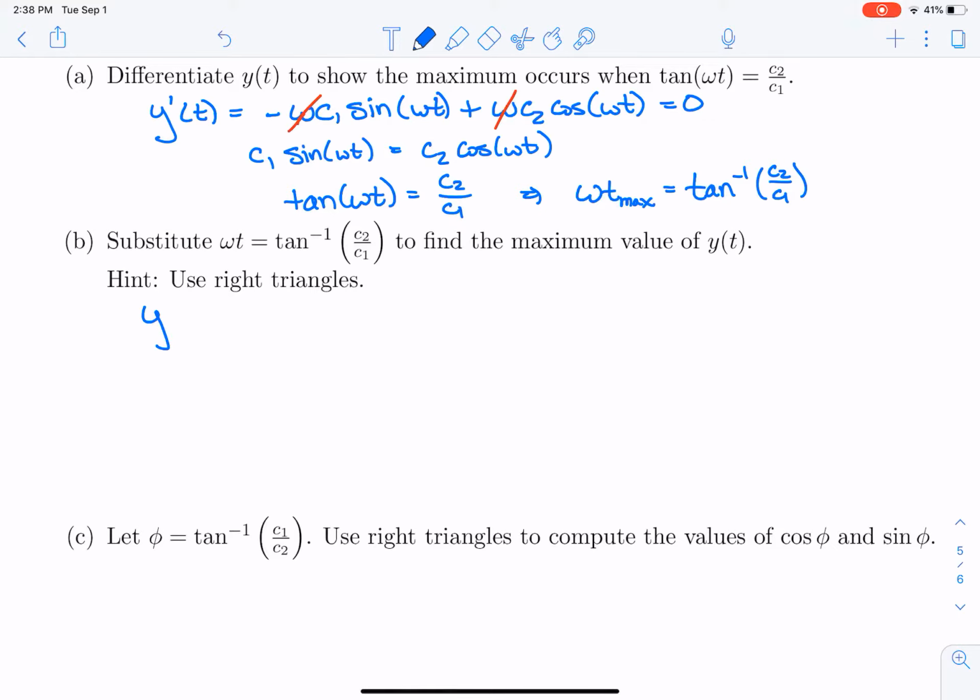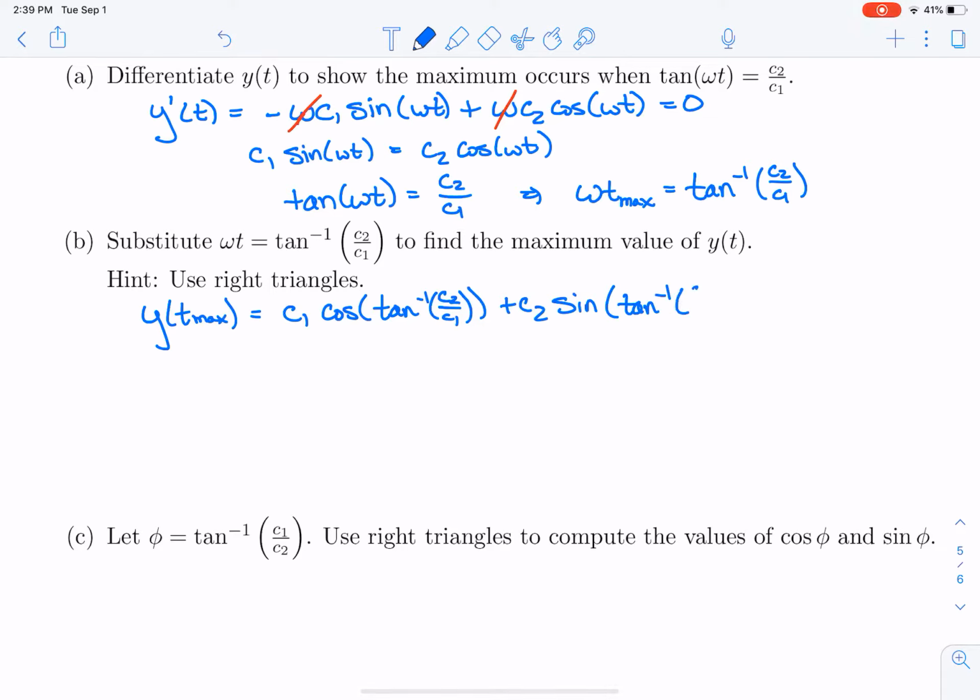What is y of my maximum time? Well, that's going to be C1 cosine of arctangent of C2 over C1 plus C2 sine of arctangent of C2 over C1.